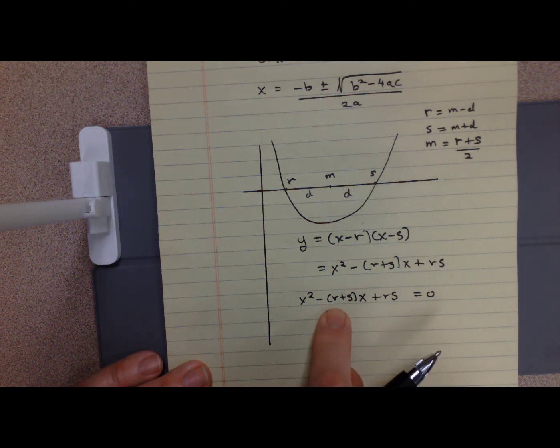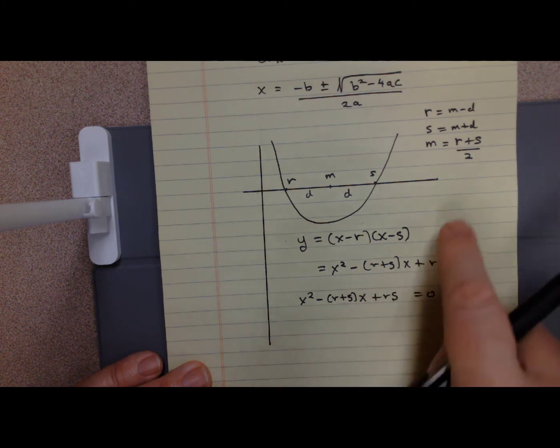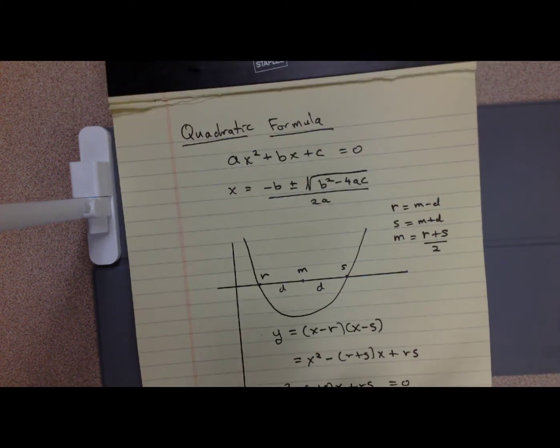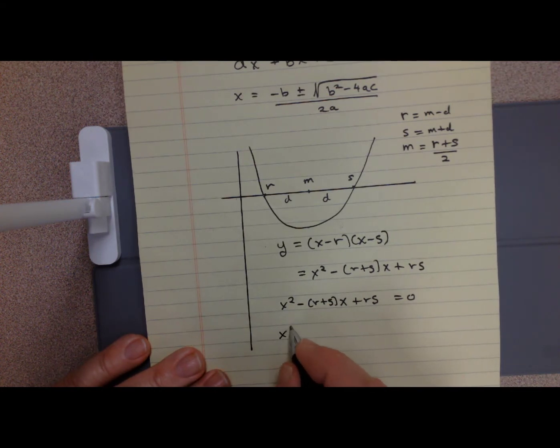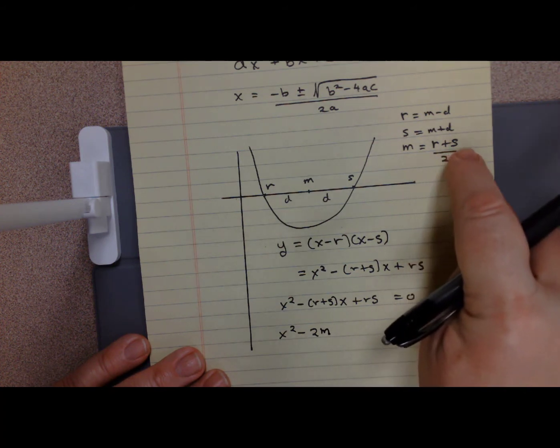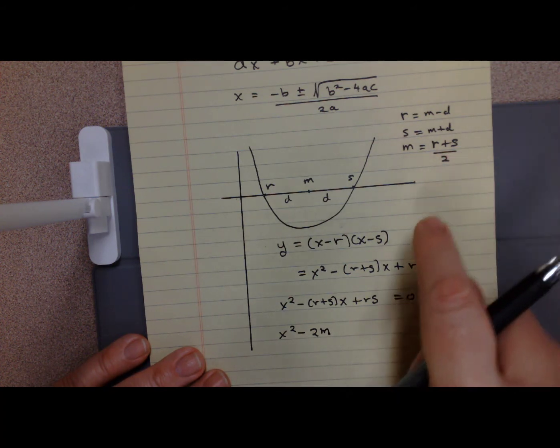Now, this coefficient in the middle I can say is equal to negative 2m, because (r plus s)/2 is equal to m.